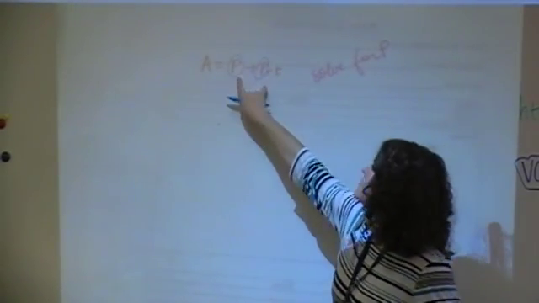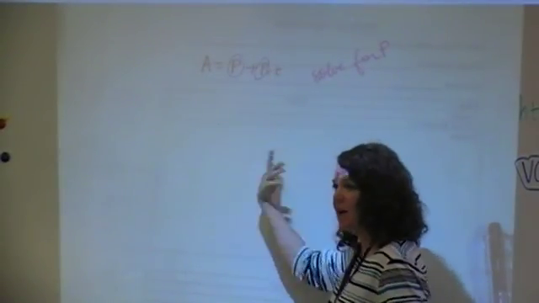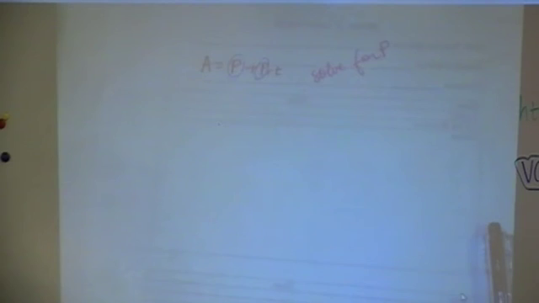I would love to get P by itself, but there's two of them. And they won't combine because they're not like terms, because this one has an RT and this one doesn't. So the only thing you can do is factor out a GCF. They both have a P in common. So factor it out. Undistribute P.